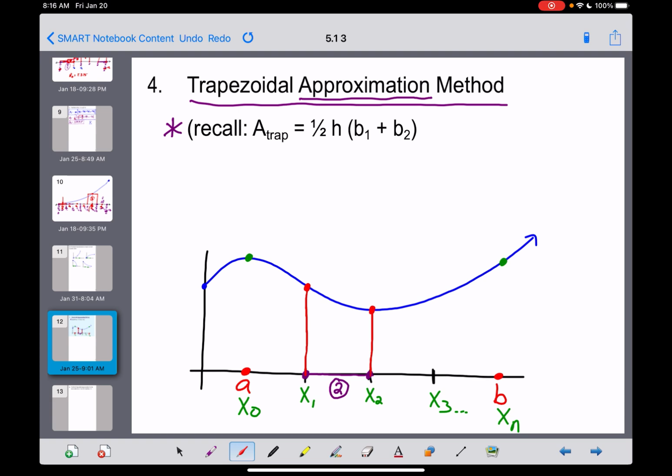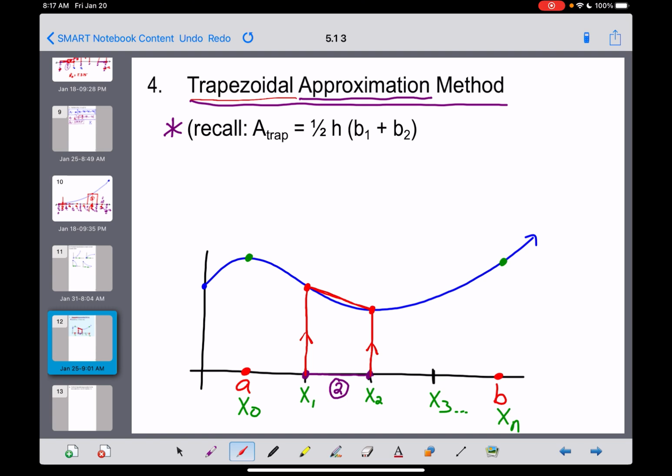Rather than trying to make a rectangle out of this, what if we just connected those two endpoints and created a new shape, which would be, wait for it, since this left side was vertical and this right side was vertical, those pieces have to be parallel, and now we have ourselves a trapezoid.